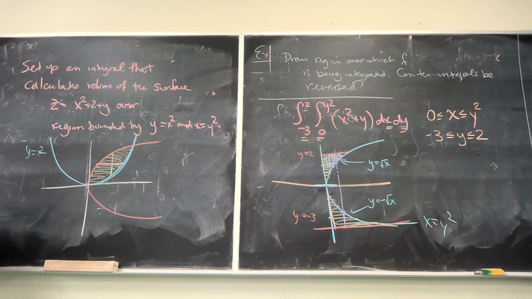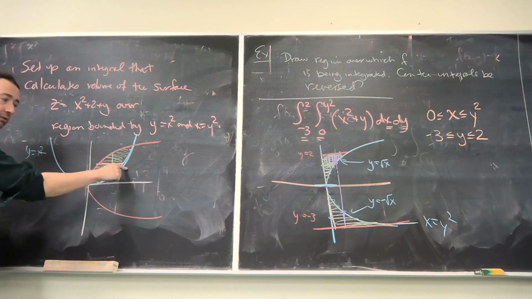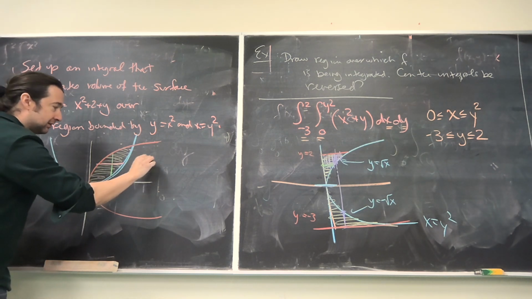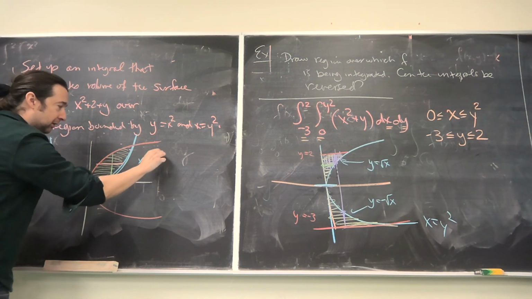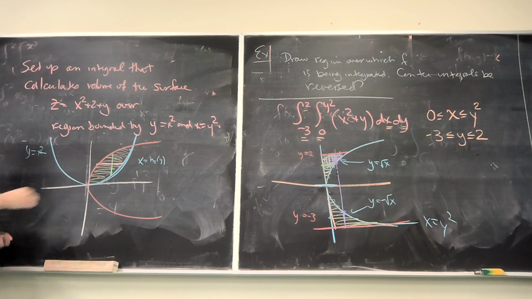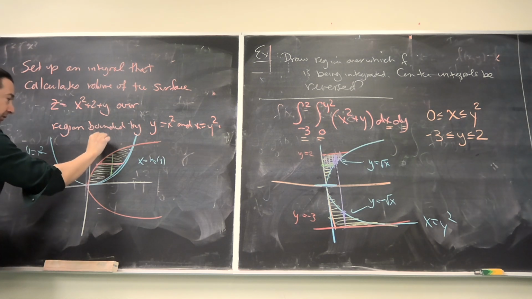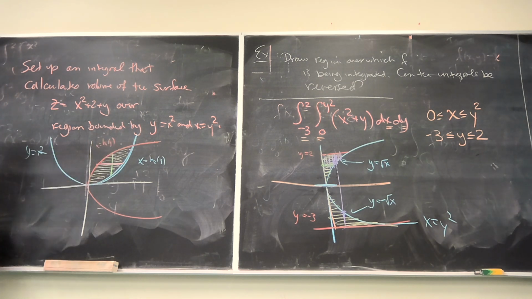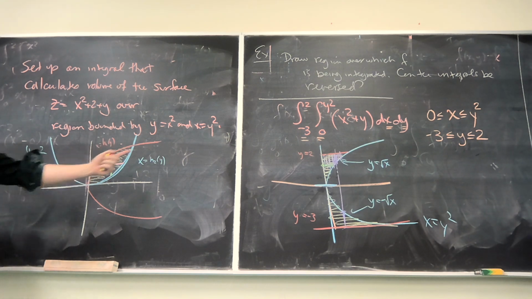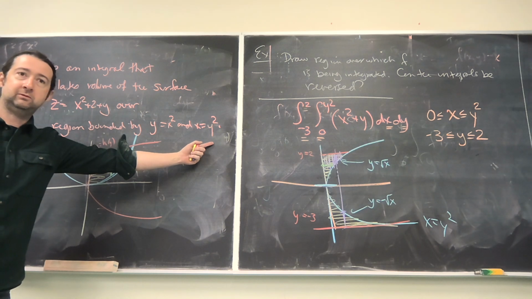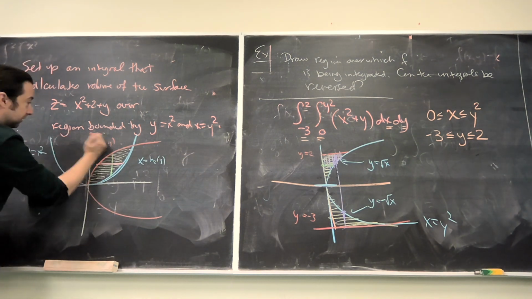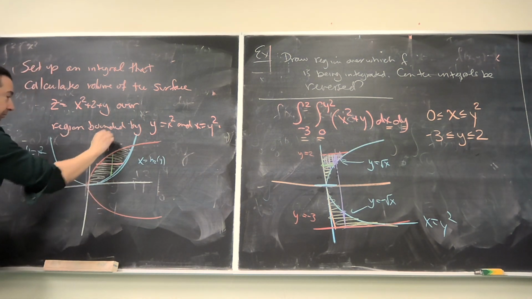So if I'm going to cut with the pink slices, I need a way to describe this function as x is equal to h2 of y, and this function as x is equal to h1 of y. Well, I already have this one as x is equal to h1 of y because it's y squared. This function was the function x is equal to y squared. That's fine.